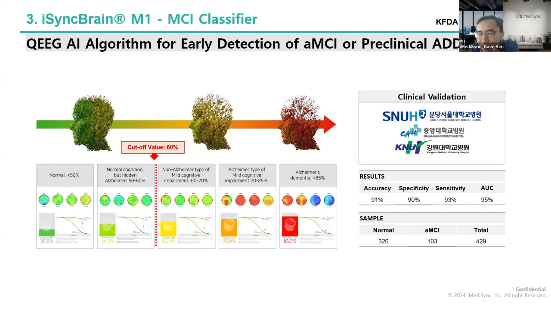Yeah. We only give the probability value between 0 to 100. So using only the number, for example, the probability is 75%, that kind of number is not explainable. So recently we need to develop explainable AI. The current model only gives the MCI probability, but it is not explainable.